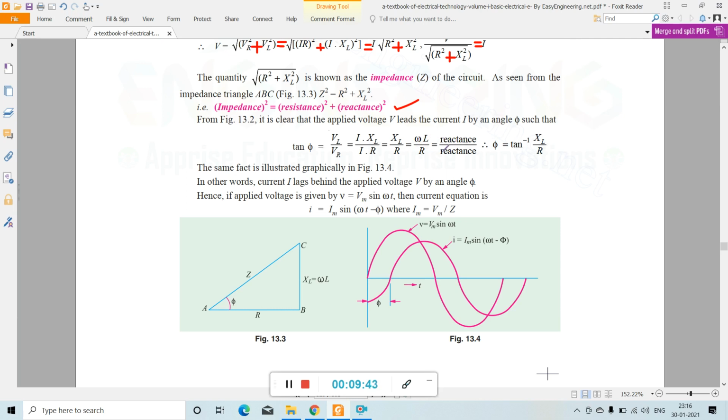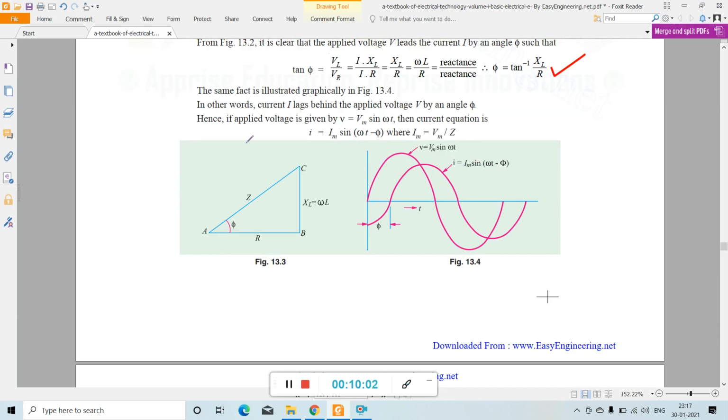This was wrongly typed, it is resistance. So phi is equal to tan inverse of XL by R. This is the expression for phi.